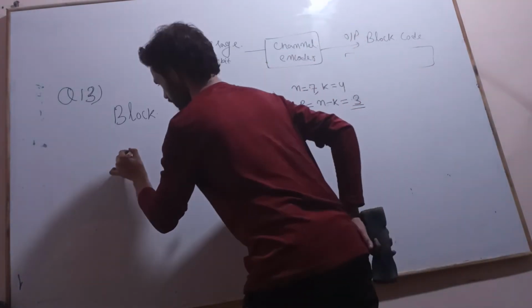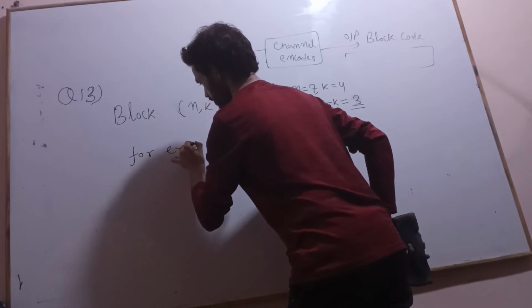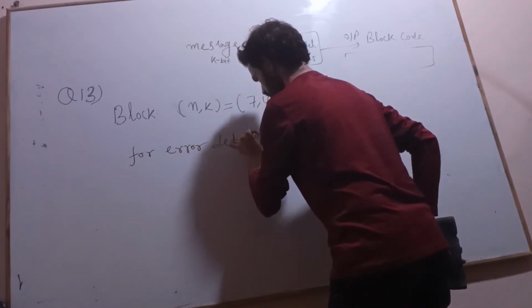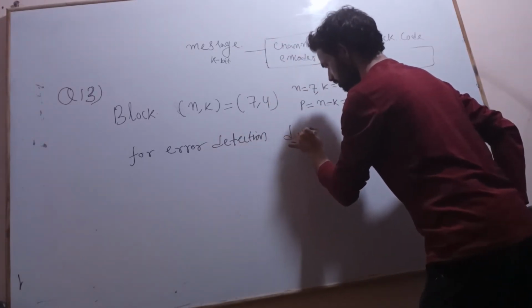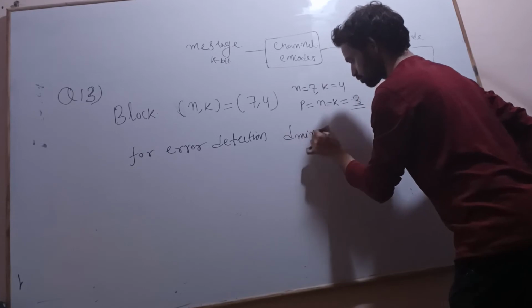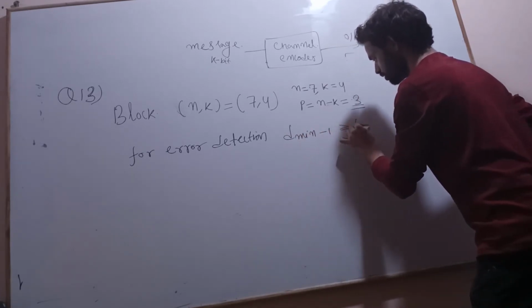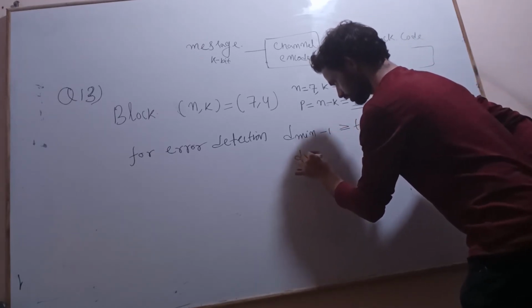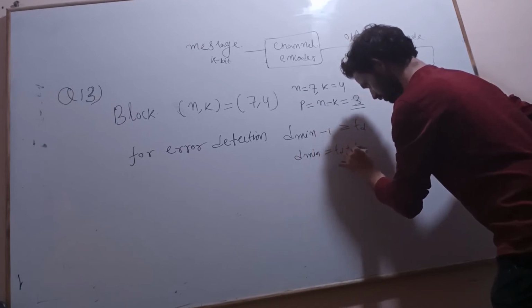For error detection, d minimum minus 1 is greater than or equal to td. Okay, td is error detection, and d minimum is equal to td plus 1.